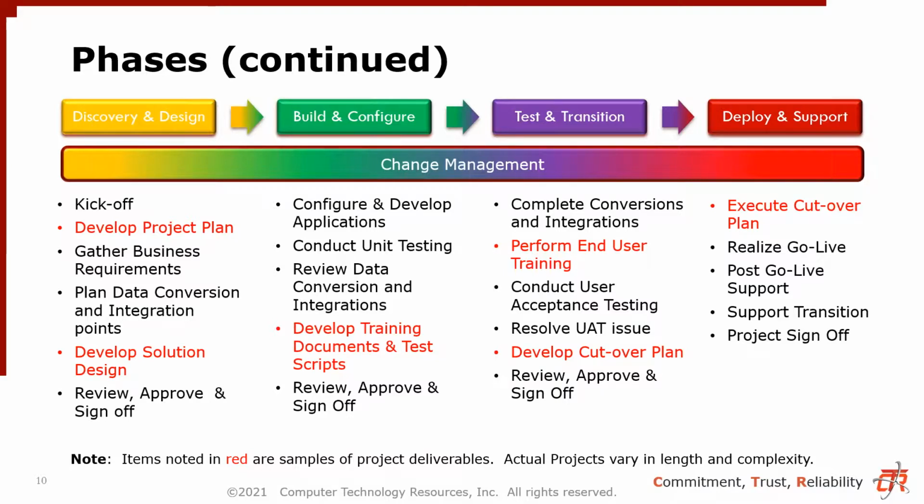And that's why when I talk about this methodology, it's broken down into smaller steps. So at each point, like in this representation, at each point there's a review, approve, and sign off. And that's not just to cover ourselves, but to make sure that you're happy with the outcome.